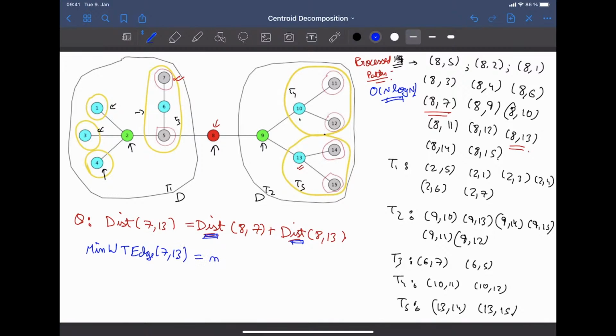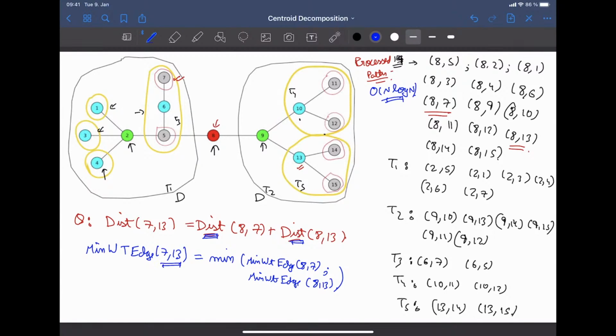The answer would simply be the min of the minimum weight edge from 8 to 7, comma, the minimum weight edge from 8 to 13. Because we know that these two are disjoint paths whose concatenation will lead to the original path.